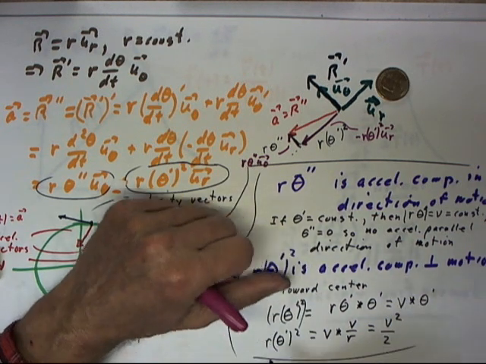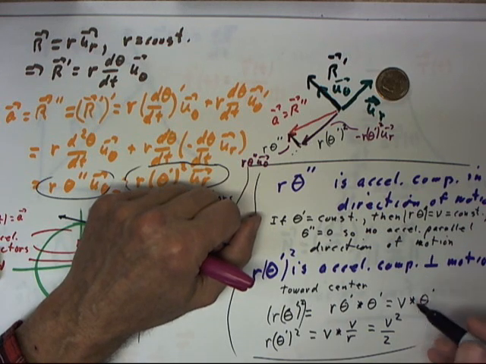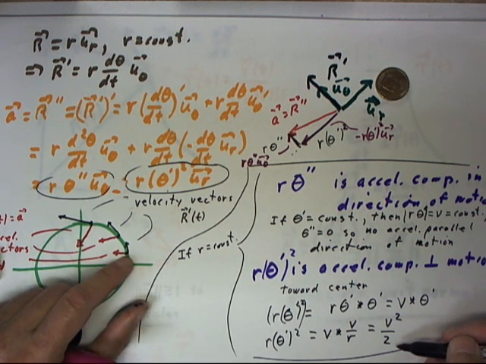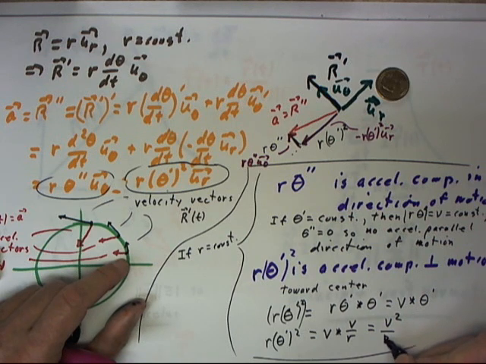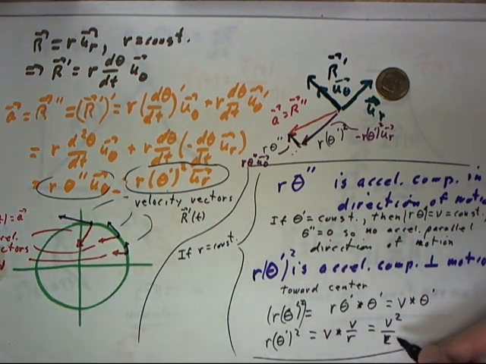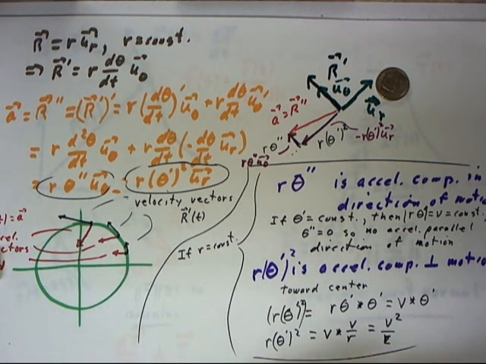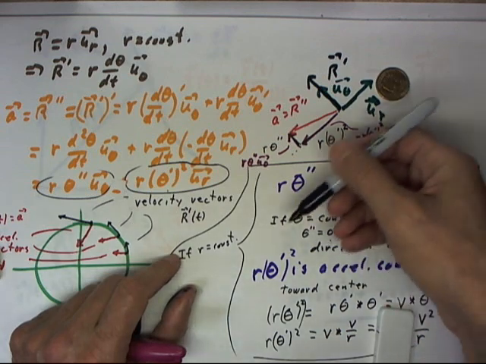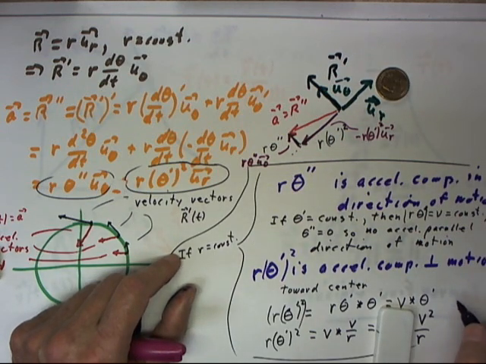Acceleration component r theta prime squared then implies that we have an acceleration component v squared over r. I wrote v squared over 2, that should be v squared over r. Okay, so v squared over r is our acceleration component back toward the origin, and that's something at least familiar to physics students. That's your centripetal acceleration.